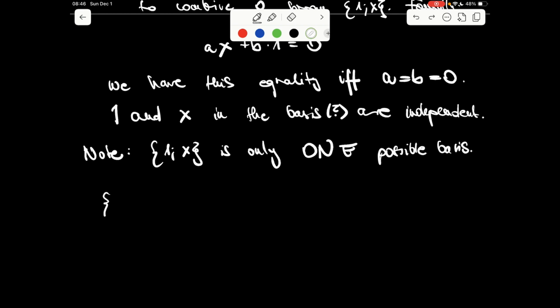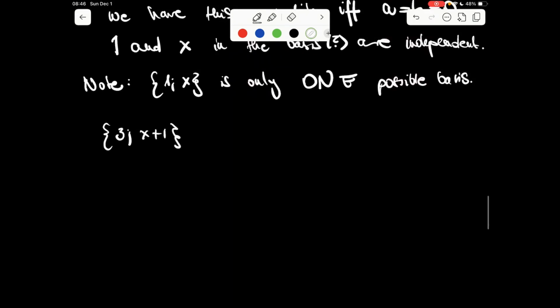Let's assume that 3 and x plus 1 is a basis. Is it a basis? We need to check if the vectors in this set are linearly independent. So let's try to linearly combine 0 from this basis. So these are the candidate vectors.